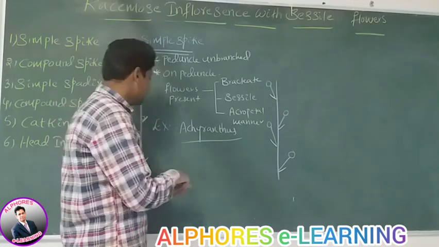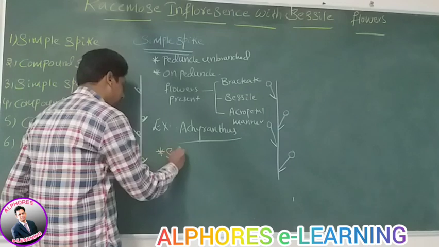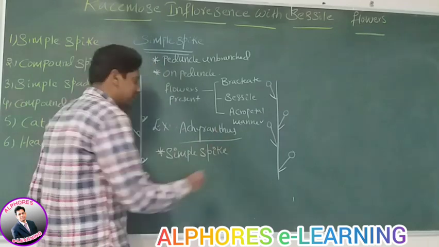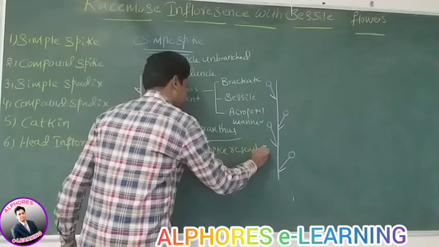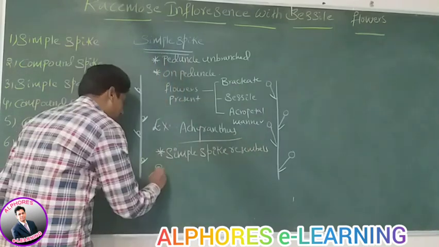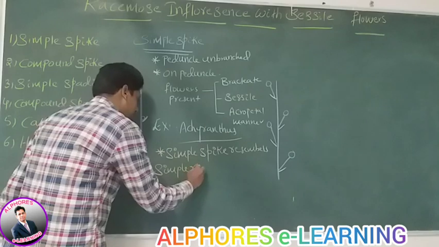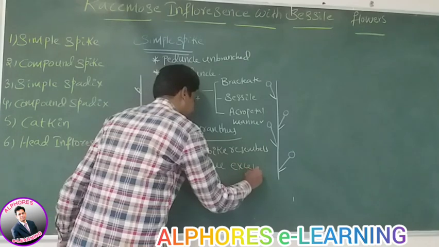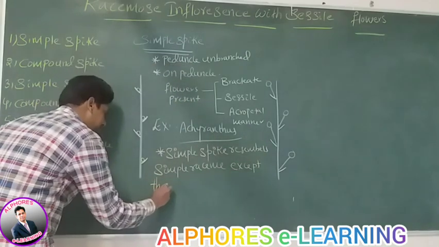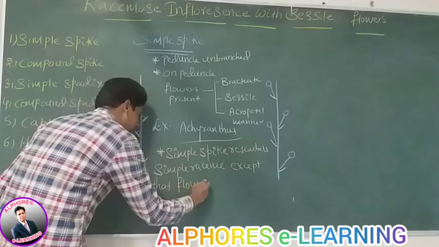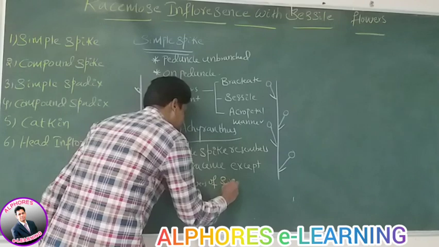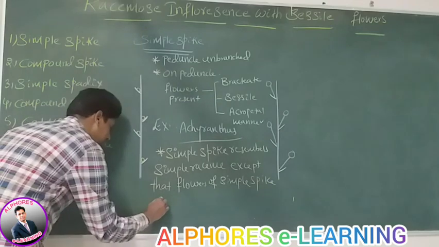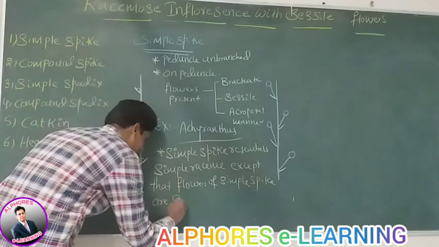Yes or no? Right? Therefore, simple spike resembles simple raceme, except that flowers of simple spike are sessile.